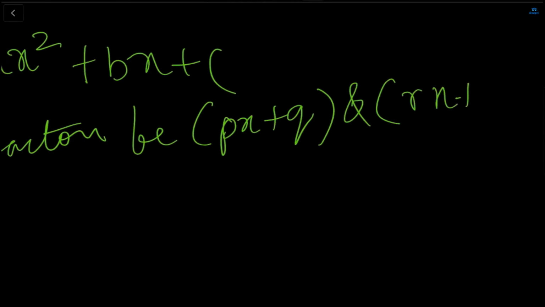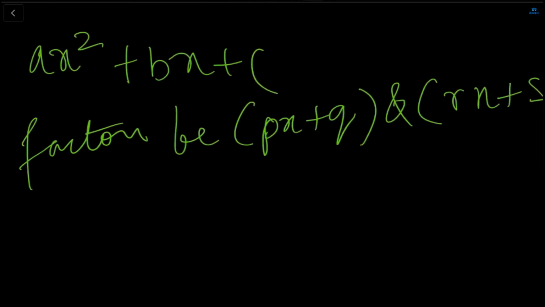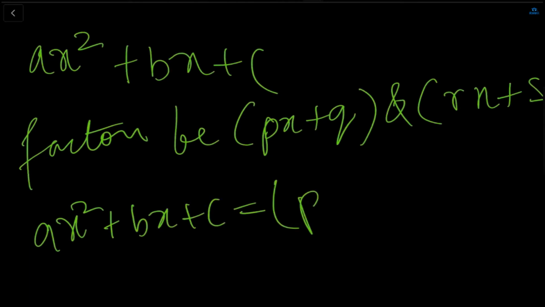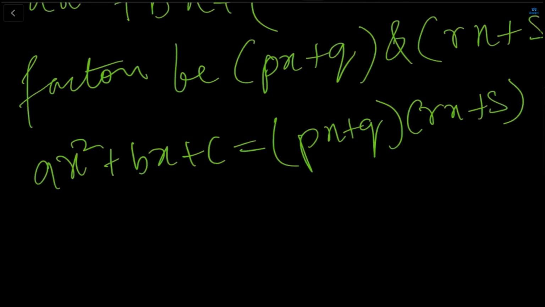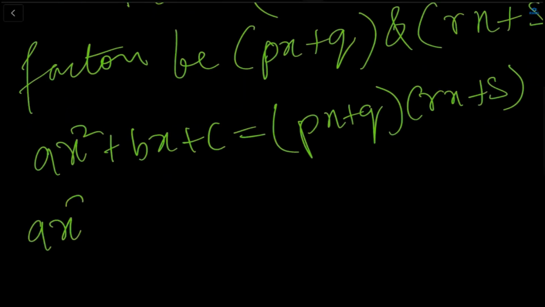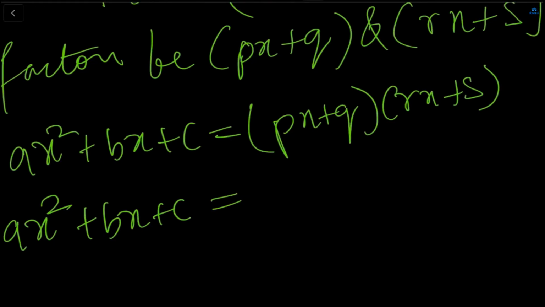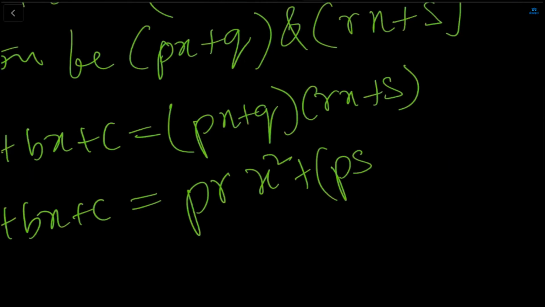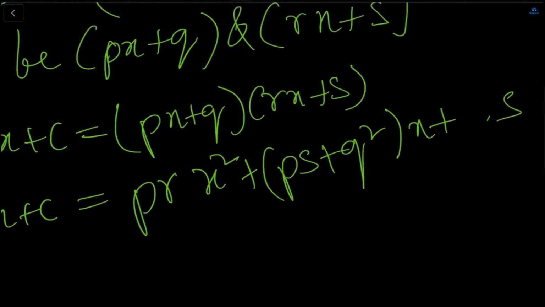Then ax square plus bx plus c equals (px plus q)(rx plus s). If you multiply this out, you get pr x square plus (ps plus qr) x plus qs.